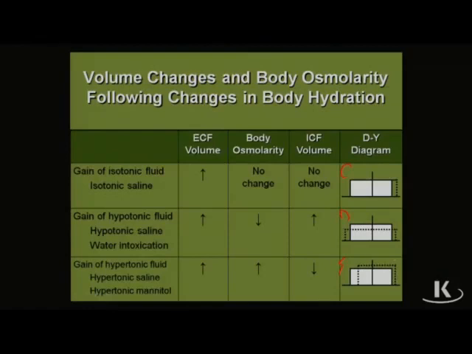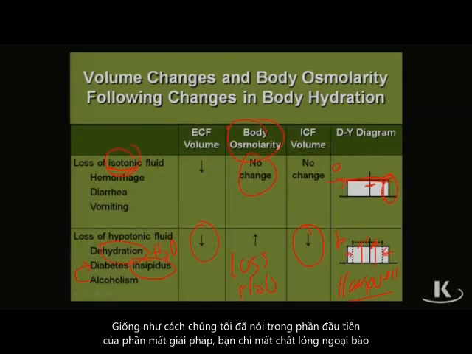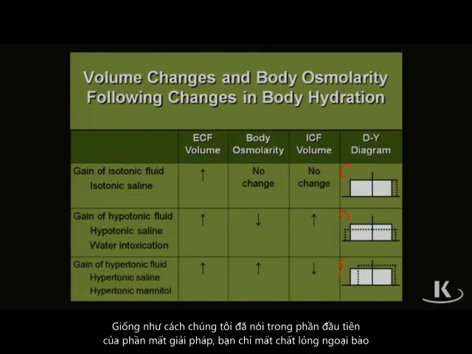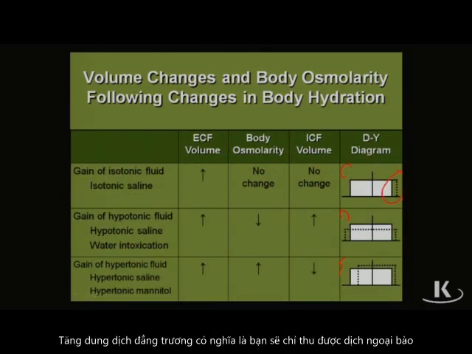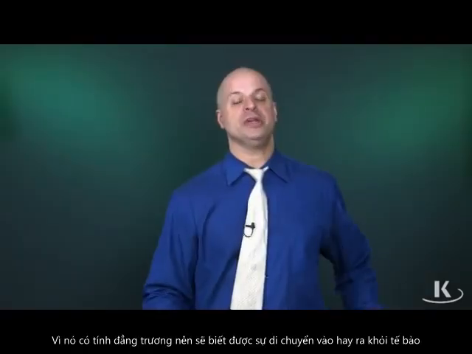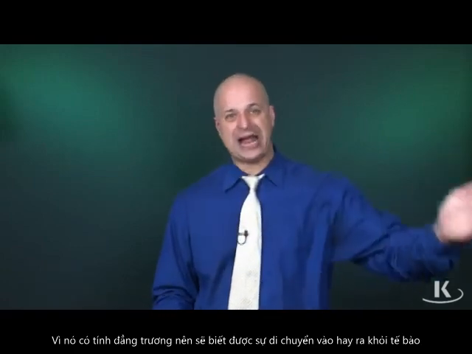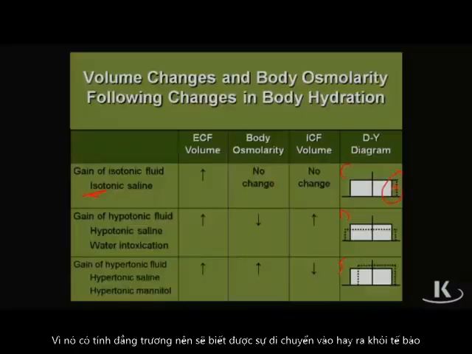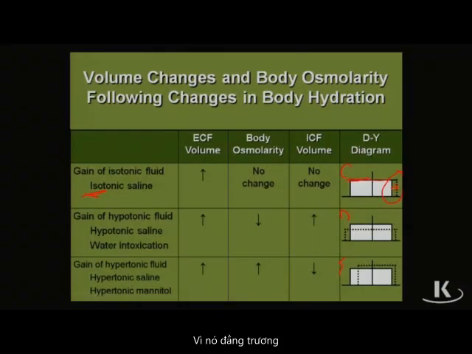Now, the same way that we said in the first one, loss of isotonic solution, you just lose extracellular fluid. Gain of isotonic solution means that you're going to just gain extracellular fluid. Since it's isotonic, there'll be no net movement in or out of cells, and the osmolality stays the same.